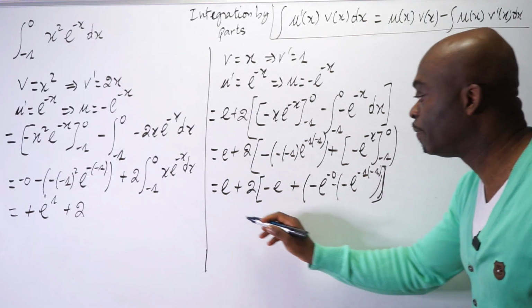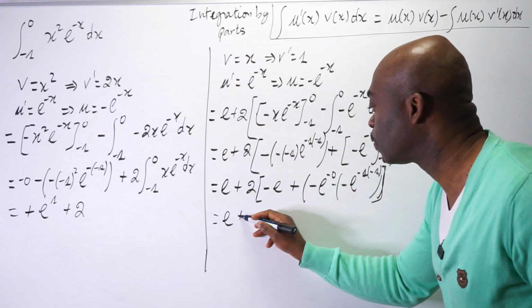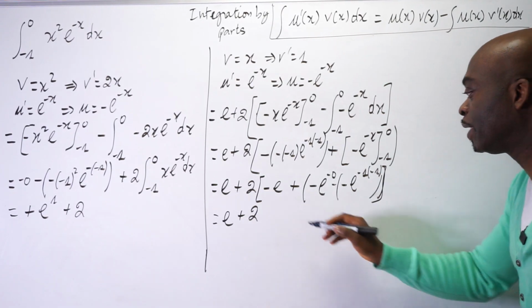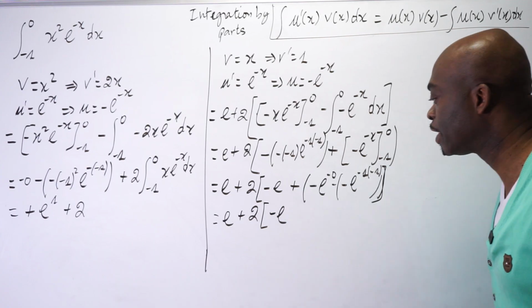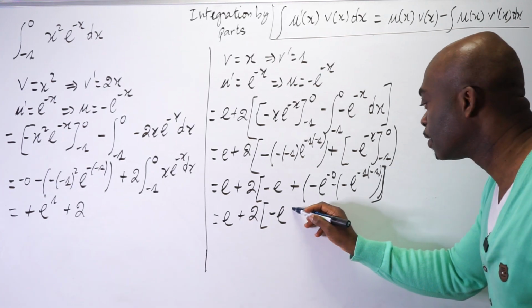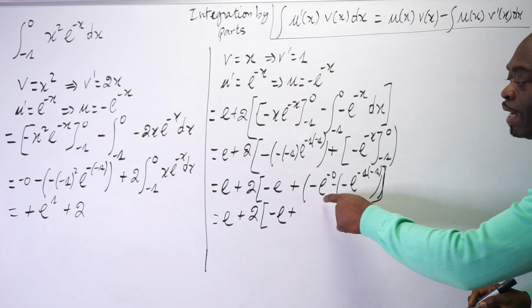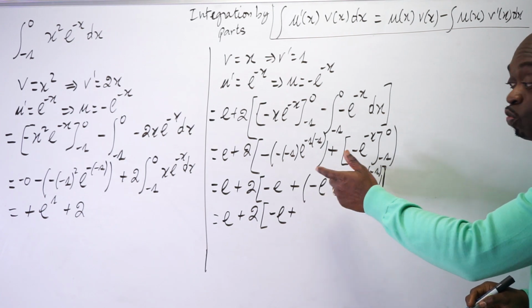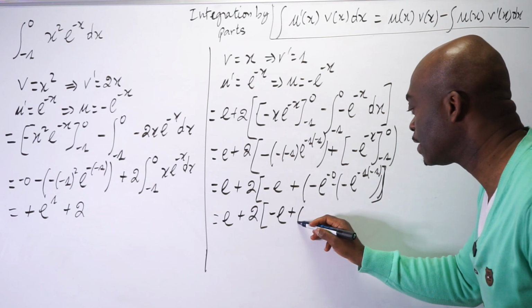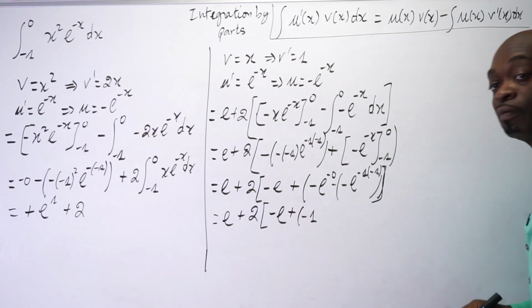So now we go here, we go exponential plus 2. Then what's happening? We have the bracket back, we have negative exponential back, and then plus, and then this one here, negative exponential. So exponential 0 is 1. So it's going to give us negative 1, okay?